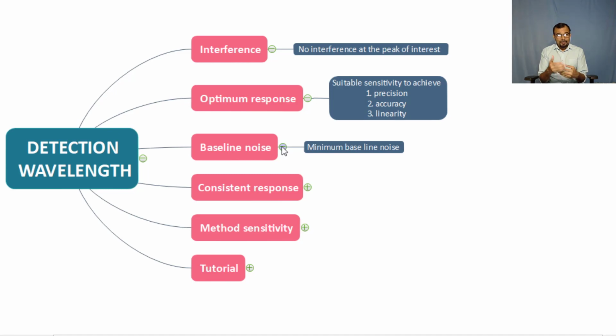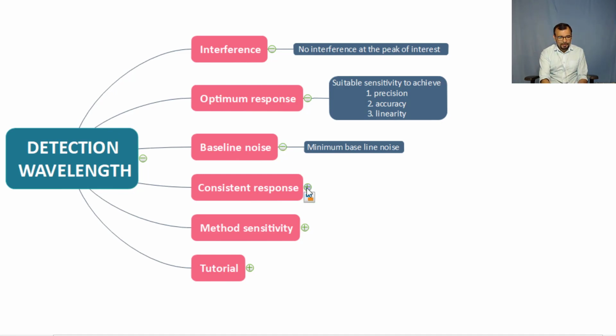The noise may come from selection of the detection wavelength closer to 200 nanometer. What is the factor causing the noise? And if you are not able to change the diluent, then what is the alternative? Whether you can select the wavelength such that the noise of the baseline will get further reduced. Identify the possibility of further reducing the noise.